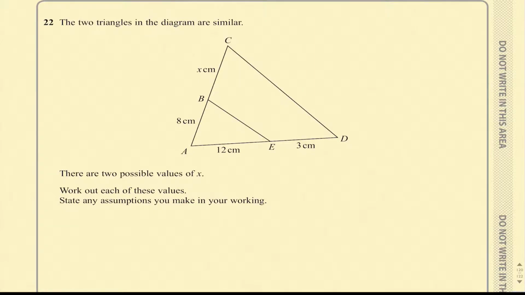Question 22. This is a scale factor problem. So the best thing is to basically draw out the triangles. So I'm going to draw the small one, the small triangle, and the big triangle.